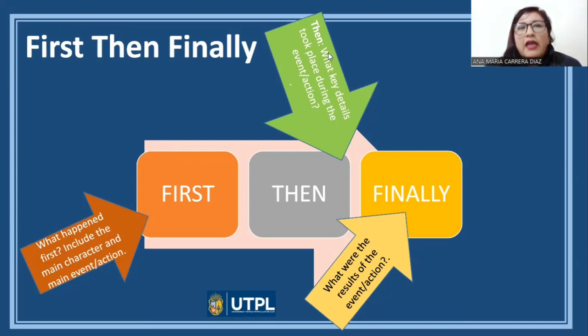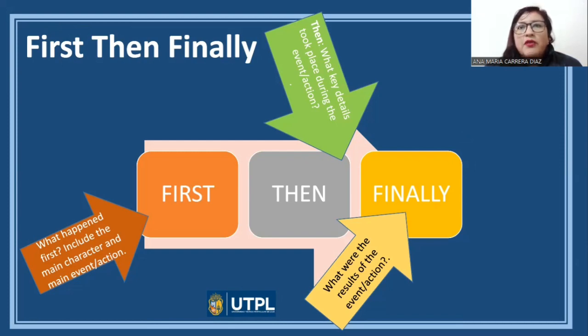Second, then, what are the key details that took place during the event or action? And finally, what were the results of the event or action? When we teach our students to summarize the text, we can ensure that they understand the text, and one of the fastest ways to do this is to ask the questions that correspond to the strategy.